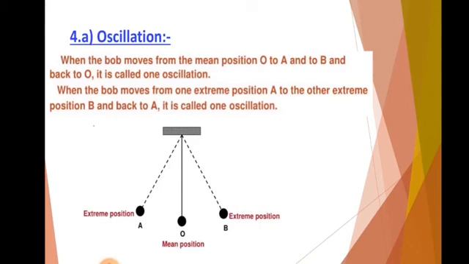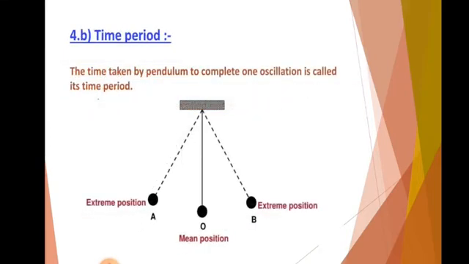When the bob is moving from O to A and to B and back to O, this is called one oscillation. You can see in the figure, this is the mean position O where it is there originally. Now, when a force is applied to it, then it will move from its mean position. That is, it will go to extreme positions which are A and B.